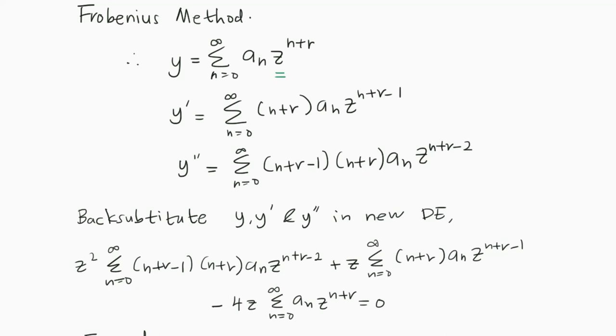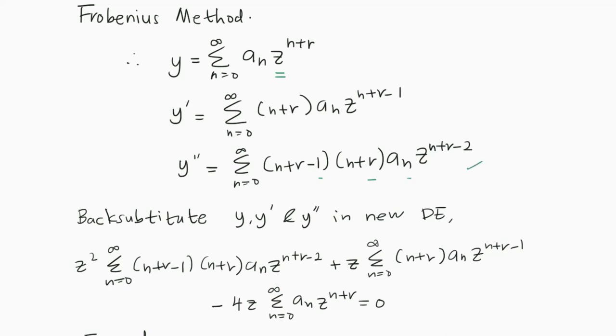And then y prime will be differentiating y with respect to z. It is the summation n equal to 0 to infinity of (n plus r) a_n z to the power of n plus r minus 1. And y double prime is differentiating y prime with respect to z. We have (n plus r minus 1)(n plus r) a_n z to the power of n plus r minus 2.